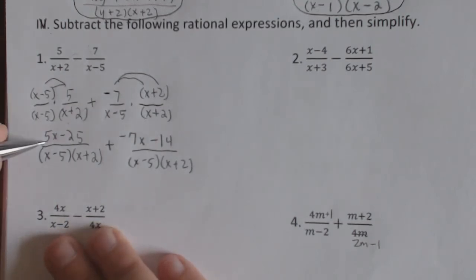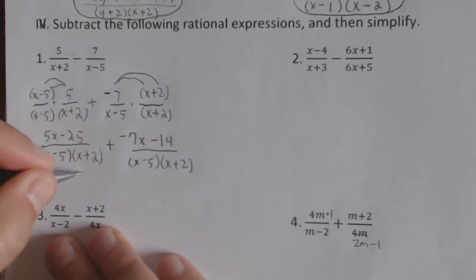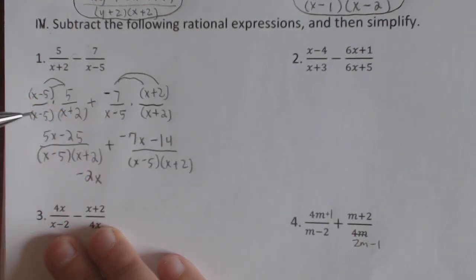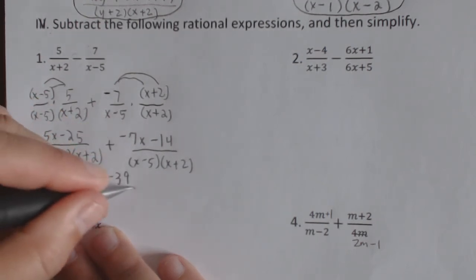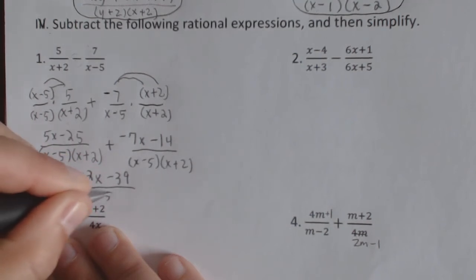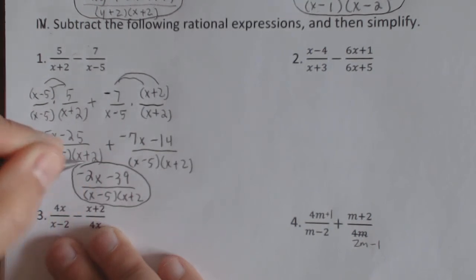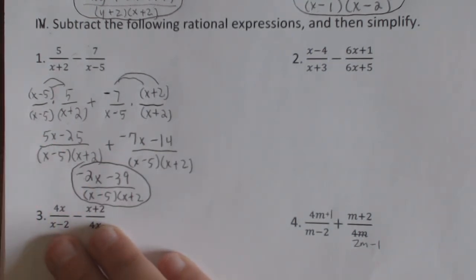Add like terms, 5x plus a negative 7x is negative 2x. Negative 25 plus a negative 14 is negative 39. And there's your simplified rational expression. And we know we can't factor that in anymore.